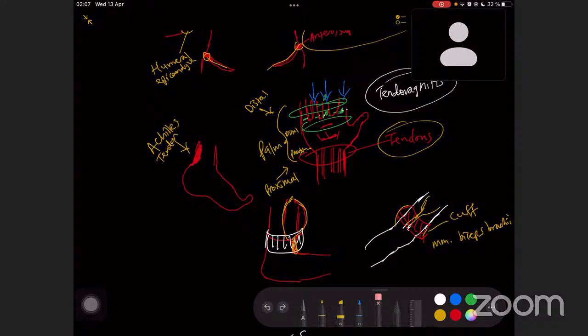And where these two regions meet, you have your metacarpophalangeal articulations, right, within the distal part of the palm.